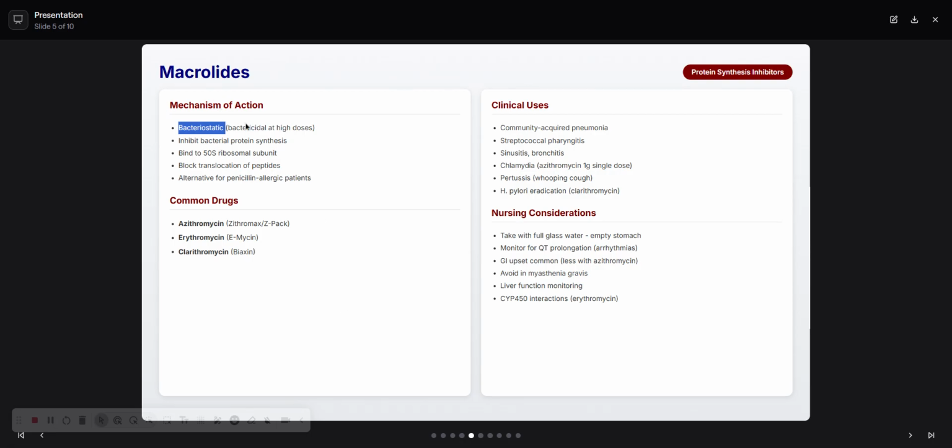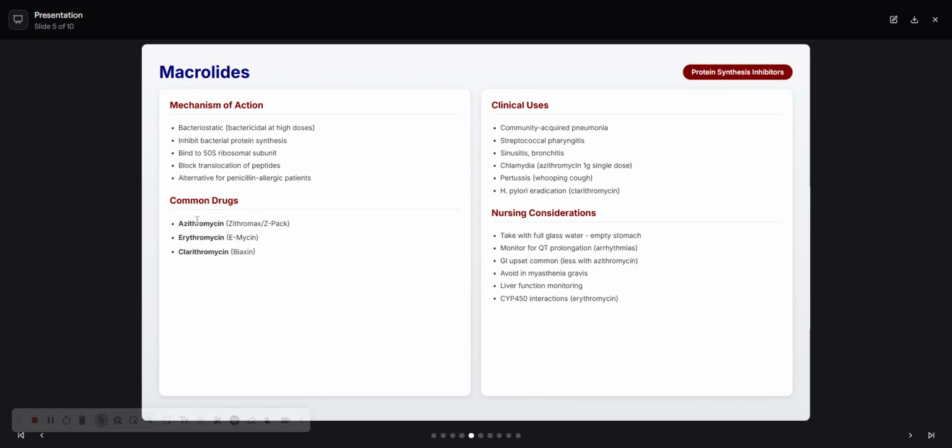And at high doses, it can be bactericidal, but more times than not, it just stops it from reproducing. It stops the protein synthesis, meaning it stops the bacteria from using its protein to synthesize and reproduce. And because penicillin allergy patients can't use cephalosporins, they more times than not use macrolides. And that's all you really have to know for the mechanism of action.